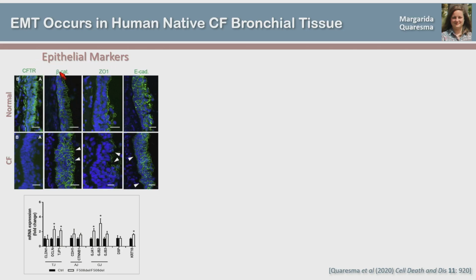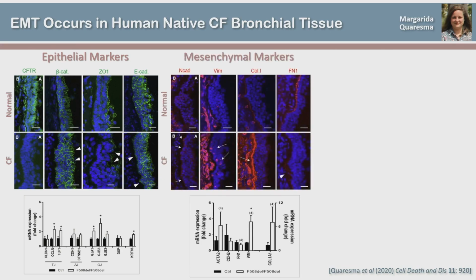Of course, CFTR, beta-catenin, ZO-1, so the protein in tight junctions, and E-cadherin. And of course, CFTR is not there because this is CF epithelium, but the other markers, it's not that they are downregulated. In some cases, they are even upregulated, okay? However, the mesenchymal markers are strongly upregulated, some of them like vimentin or collagen 1.